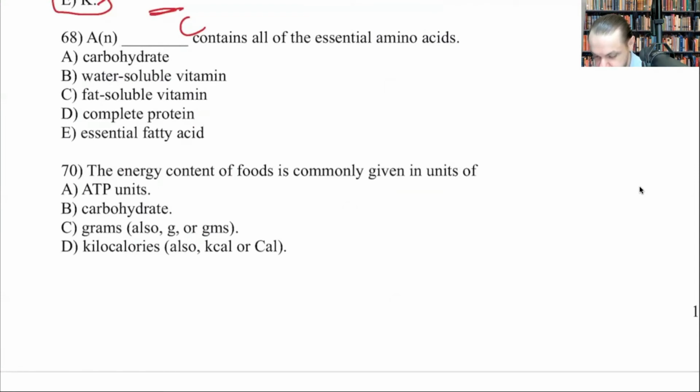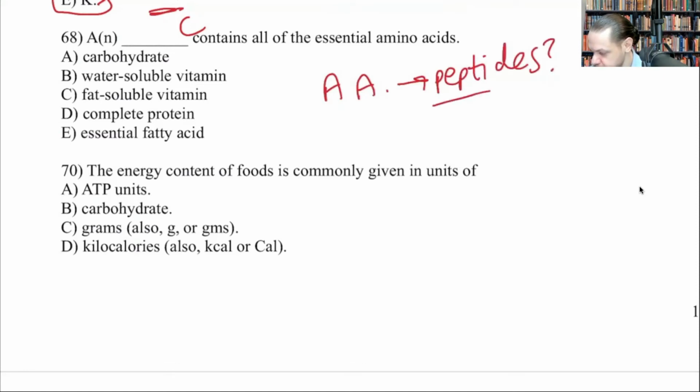A plant contains all the essential amino acids. So what amino acids? Remember, amino acids make peptides. Peptides are what? Peptide chains.